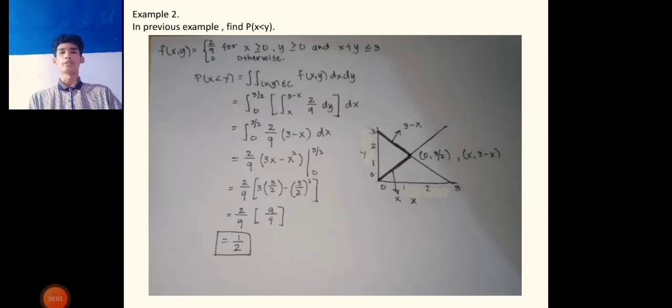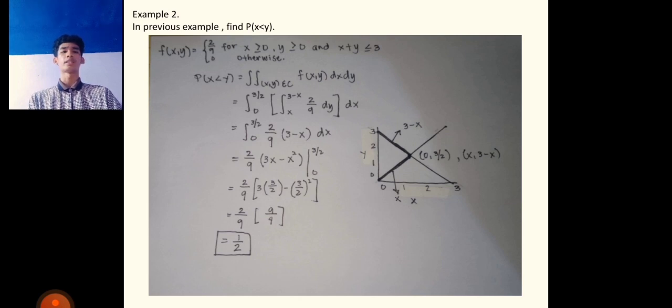Example number 2. In the previous example, find P of x is less than y. So P of x less than y is equal to the double integral of f of x and y dx dy.